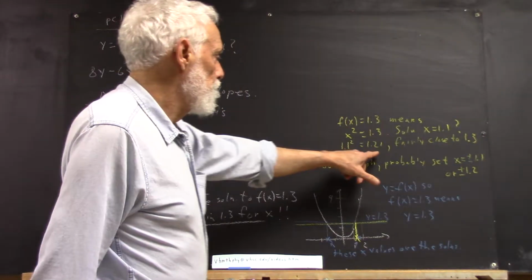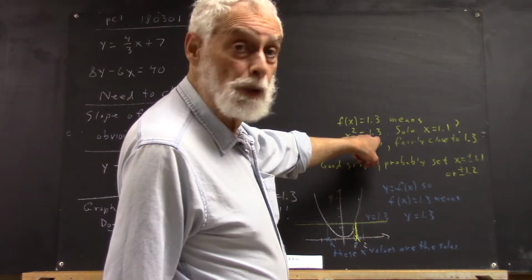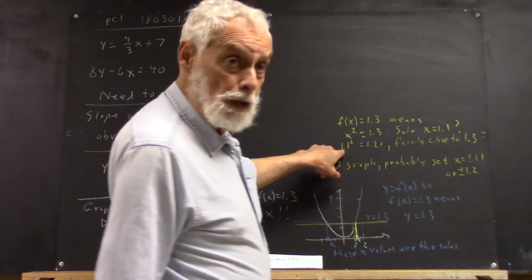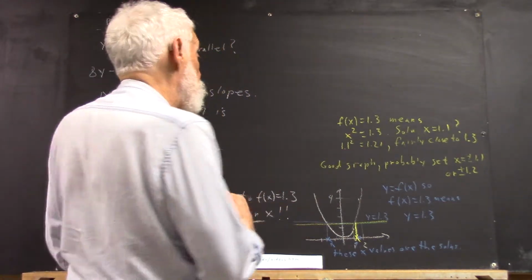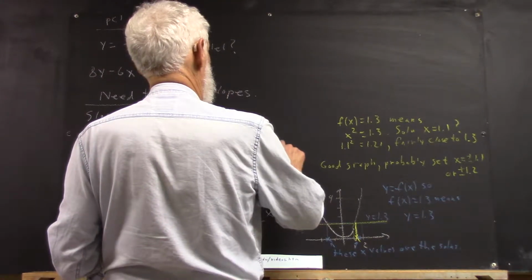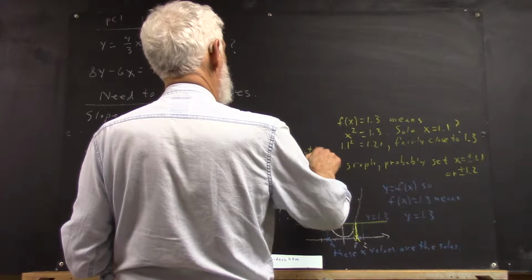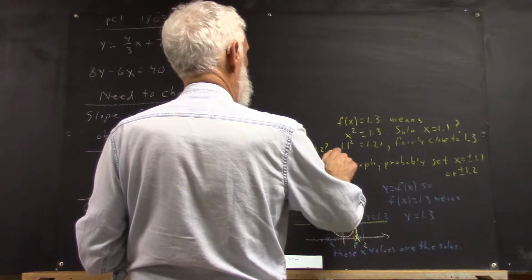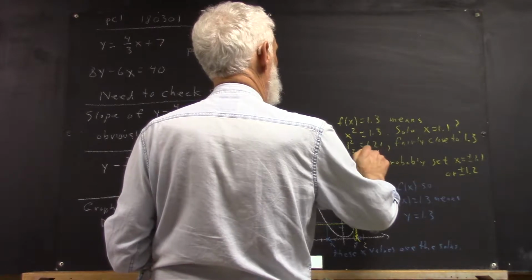1.1 squared is 1.21, right? And that's fairly close to 1.3. So this is probably fairly close to the right solution, right? Now what about 1.2? Well, 1.2 squared is 1.44.